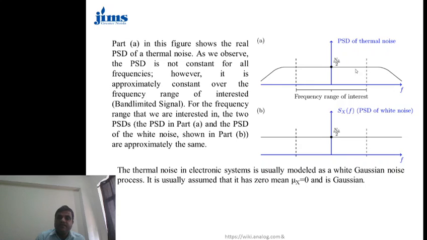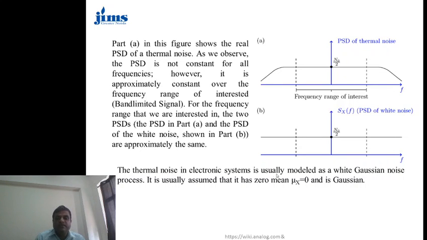But in this interval there is a variation. So there is a frequency range where the value is constant. For the frequency range that we are interested in, the PSD we have shown here, its value is constant here and not constant here.